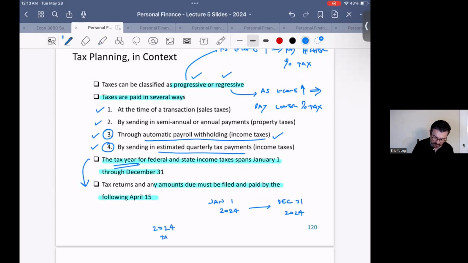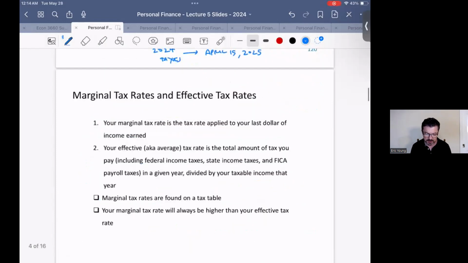Those 2024 taxes must then be prepared and filed by April 15th of 2025. So the government gives you about 3.5 months to get all your paperwork together at the end of a year, get yourself organized, get your taxes prepared, get them filed, and again, if you owe anything, pay what you owe. Okay? So that's the big picture.